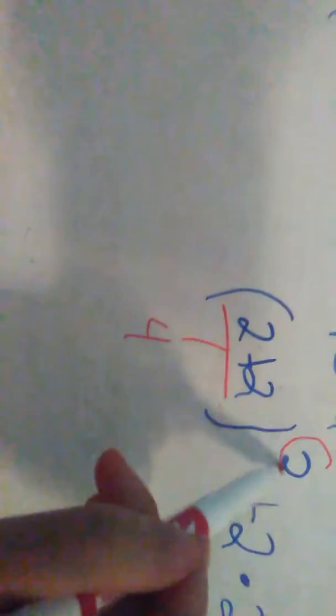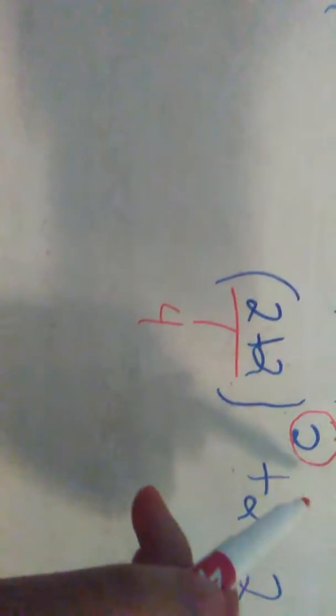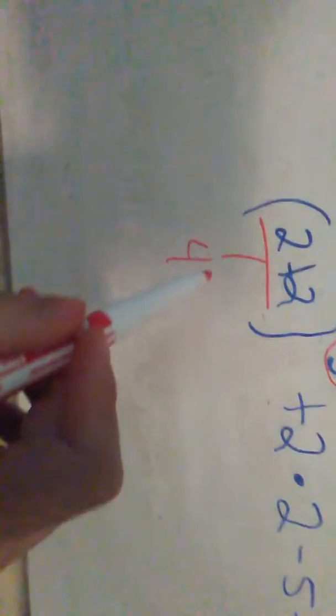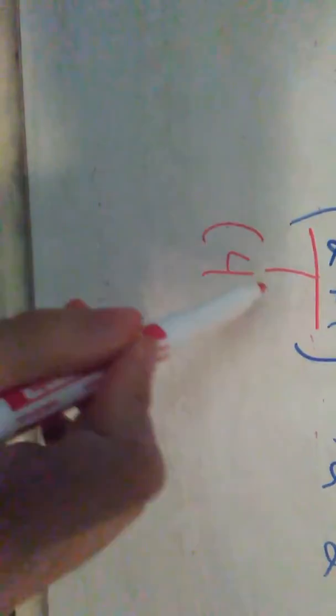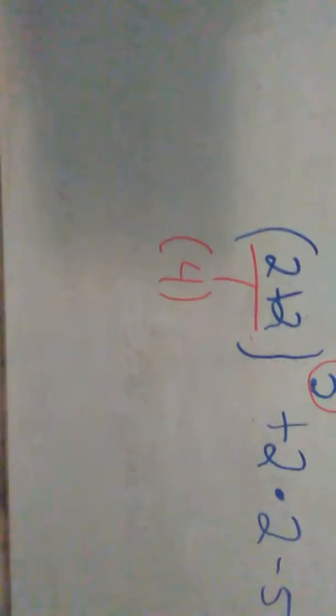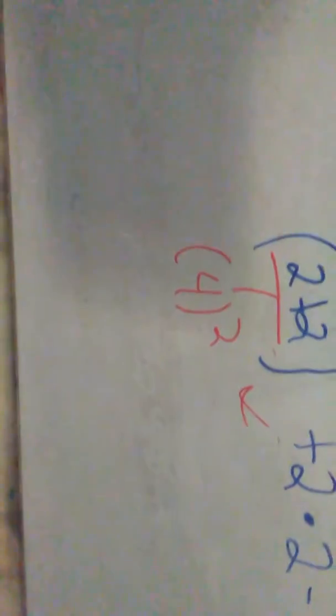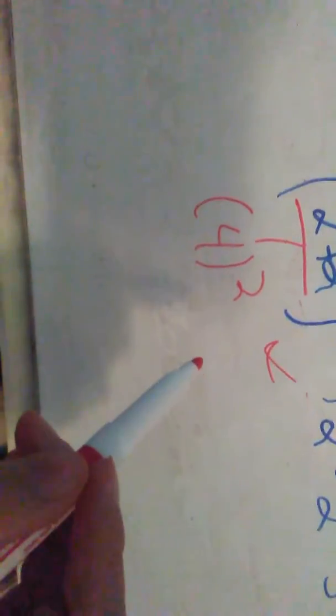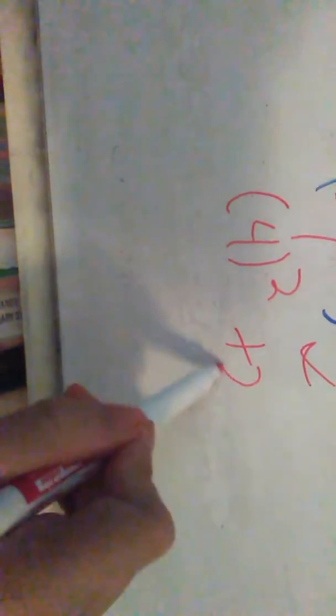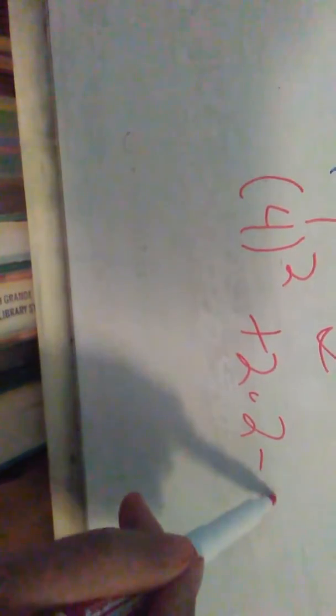Now, since we have this exponent outside of the parentheses, we need to put our new product of 4 in parentheses. And then we just go ahead and bring everything down. So we have 4 to the power of 2, or 4 squared, plus 2 times 2 minus 5 divided by 5.